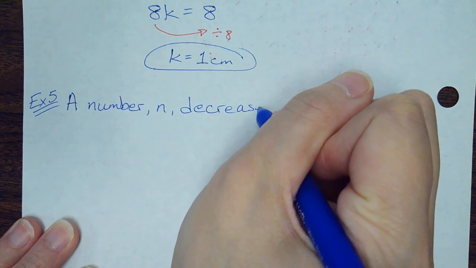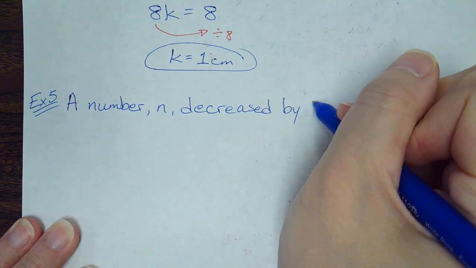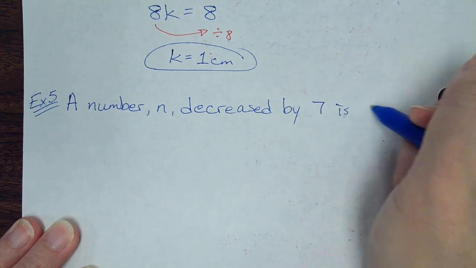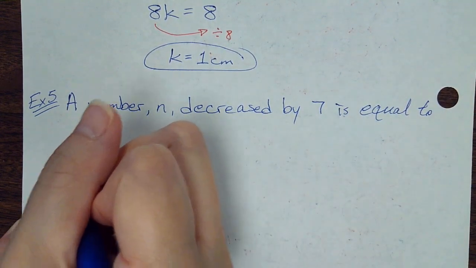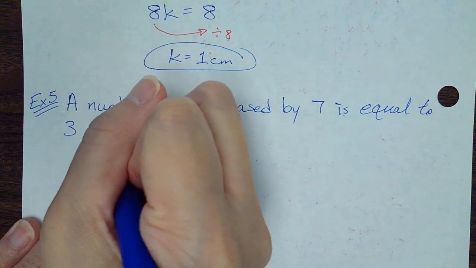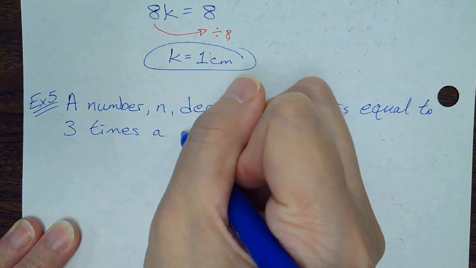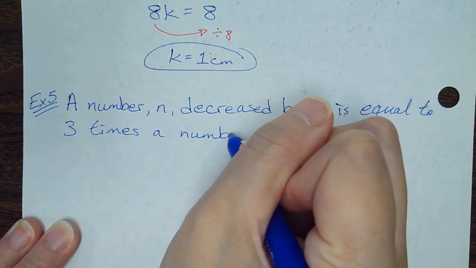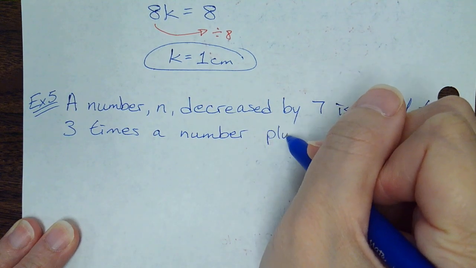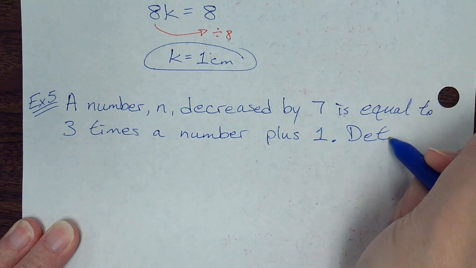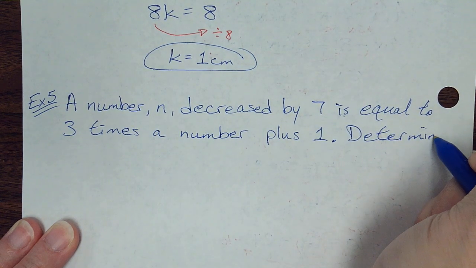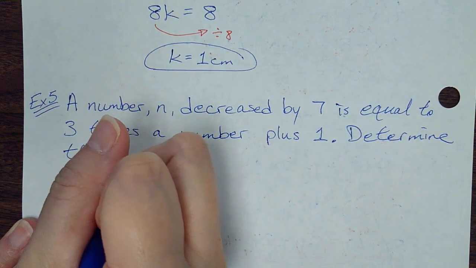A number n decreased by 7 is equal to 3 times a number plus 1. Determine the number.